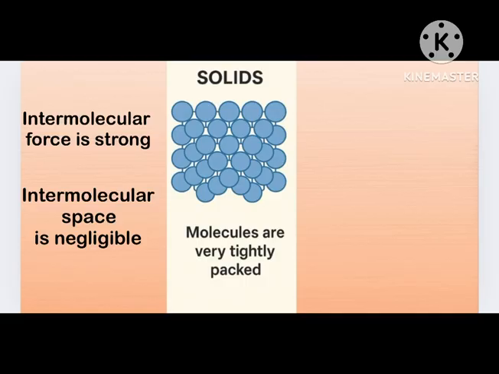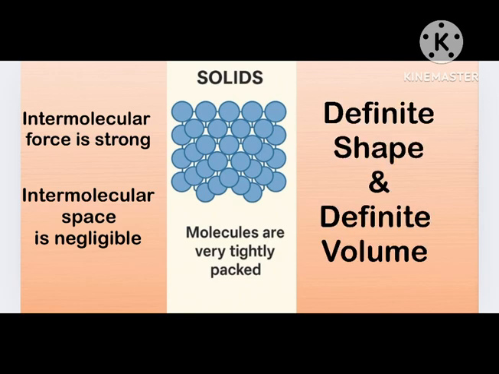Because of this tight arrangement of molecules, there is very little movement of these molecules, and this tight arrangement of molecules gives solids a definite, means a fixed shape and a fixed volume. For example, we have ice, pen, table, chair, etc.